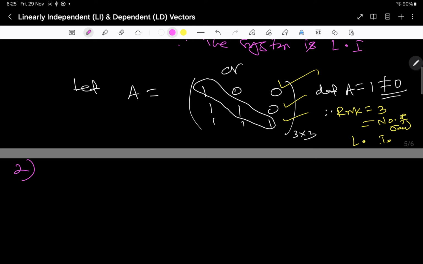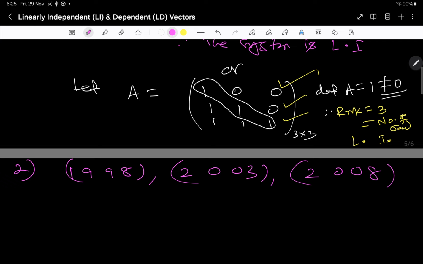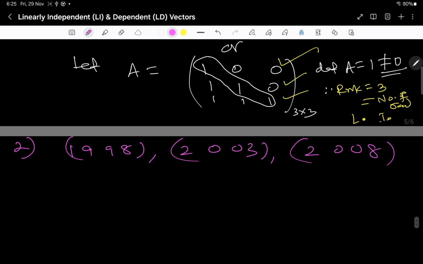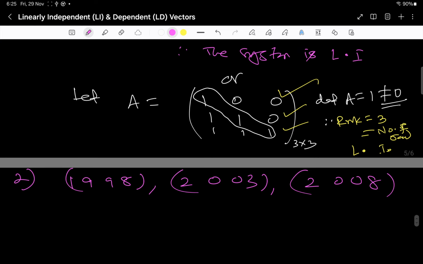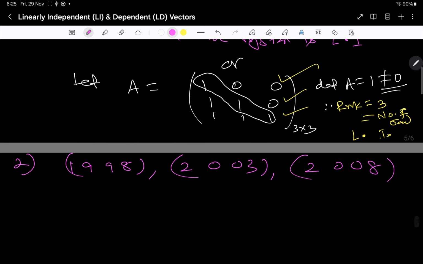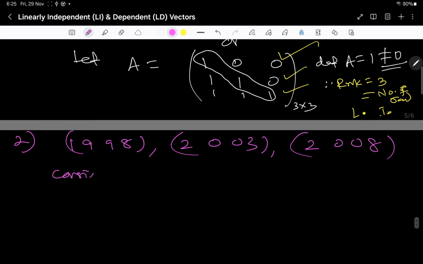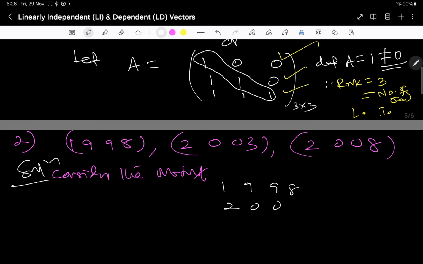In the second question, suppose you are given the vectors (1, 9, 9, 8), (2, 0, 0, 3) and (2, 0, 0, 8).